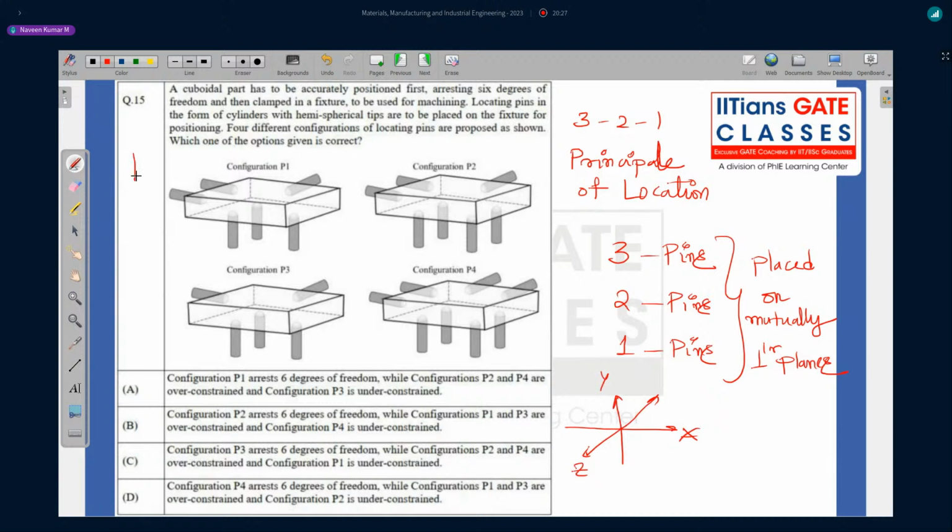So this is Z, X, and Y. If you're putting from the bottom, you're pointing towards the positive Y direction, so you can't go in the negative direction. So negative Y is constrained. Negative Y, you can't go down, right?